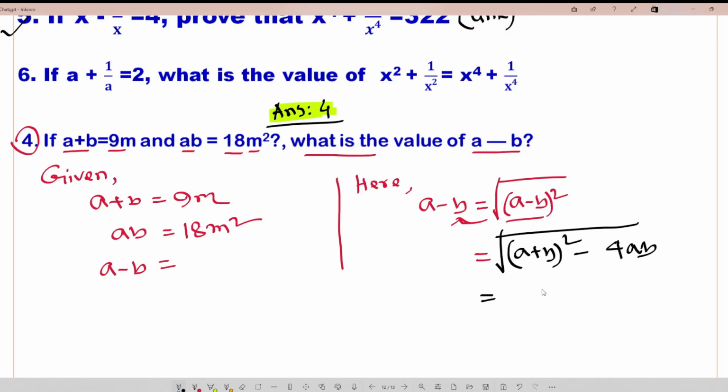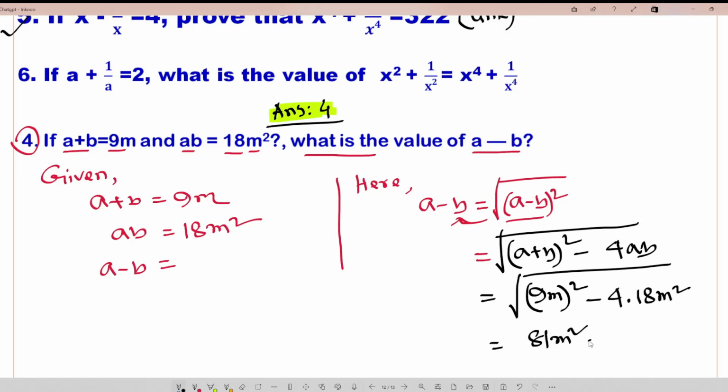A plus b means 9m, and here is the square, minus 4 times 18m square, under the square root. So 9 square means 81 m square, minus 18 times 4, which is 72 m square, under the square root.